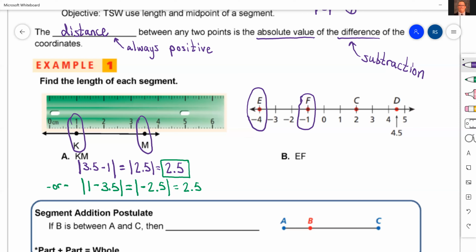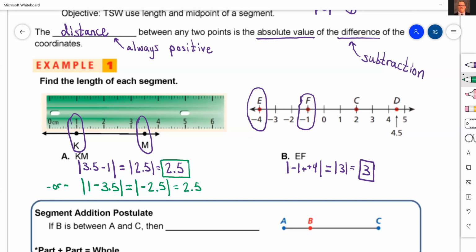Well, I'm going to take the absolute value of negative 1 minus negative 4. Remember, if you have minus and negative, that's like saying negative 1 plus 4. So that's going to be the absolute value of 3, which is just 3. And there's our answer.